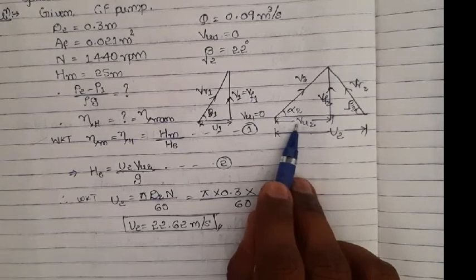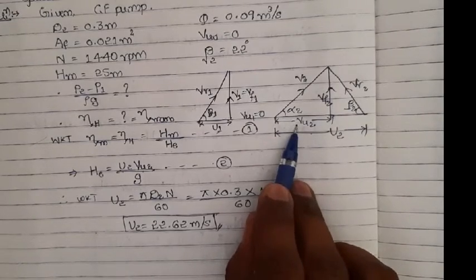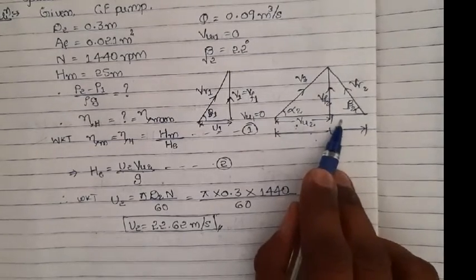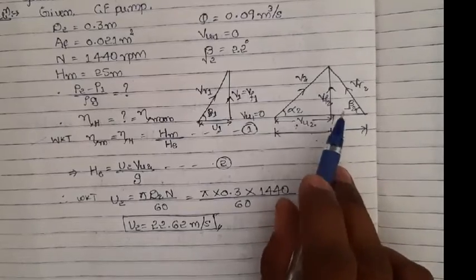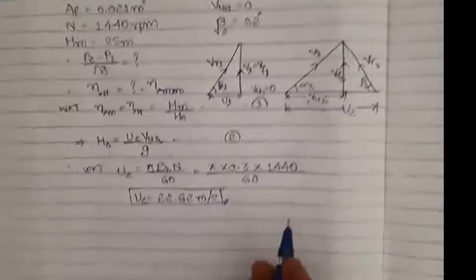This is just like in the derivation. So what is VU2 here? VU2 is U2 minus X, right? So this X is VF cot beta 2. So let me write directly.